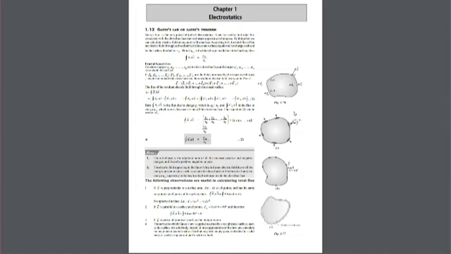Thus, equation 1 can be written as phi equals q_in over epsilon naught. Note: 1.